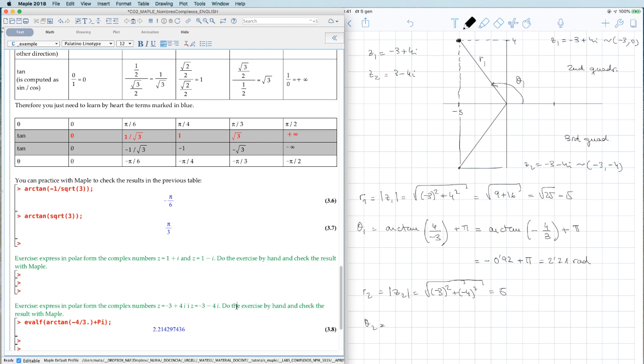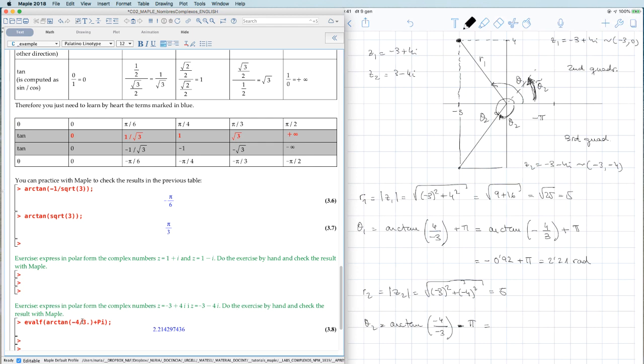And the argument now, the arctangent of minus 4 divided by minus 3, is going to give us an argument which is going to be in this quadrant. So instead of having z2, theta 2, we are going to obtain this other angle. So to move from this one to this one, we need to subtract pi. So minus pi.